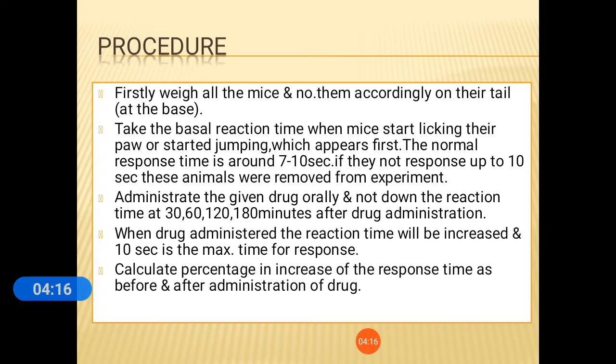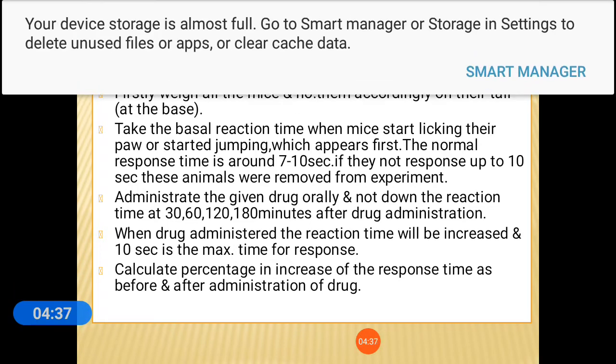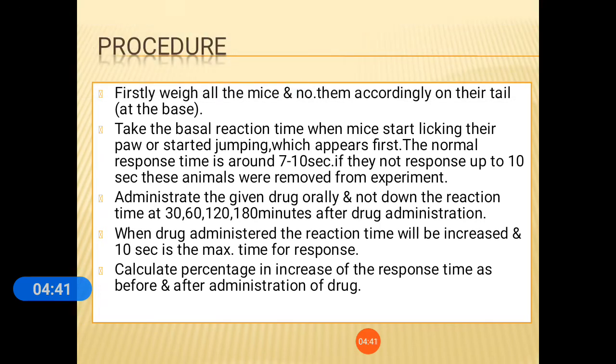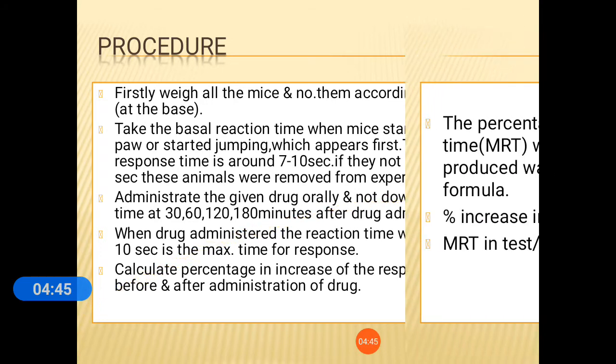Then administer the given drug orally and note down the reaction time at 30, 60, 120 and 180 minutes after drug administration. When the drug is administered, the reaction time will increase, and 10 seconds is the maximum time for response. The next step is to calculate the percentage increase in response time before and after administration of the drug.